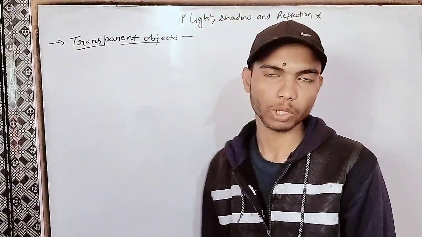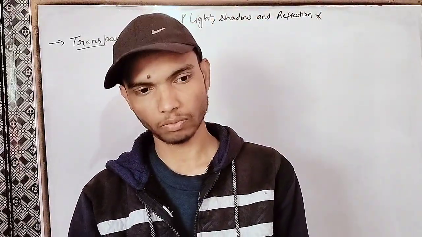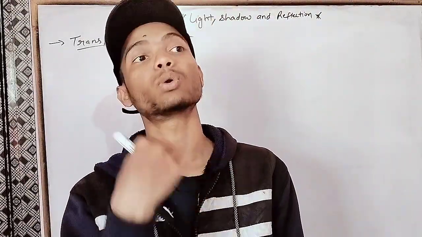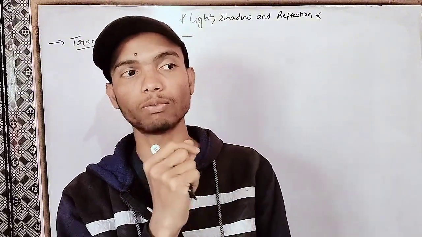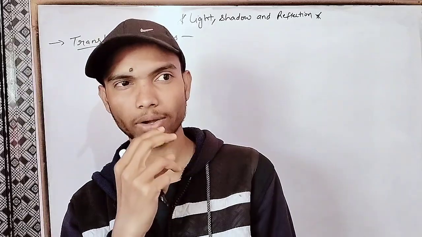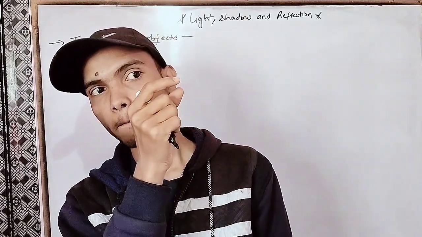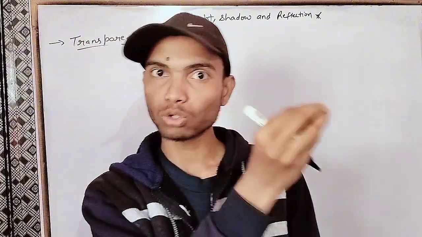We use the word transparent when we can see from one side to another side. Behind any object, from one side, we are able to see the area behind it. Then we use the word transparent for those objects.